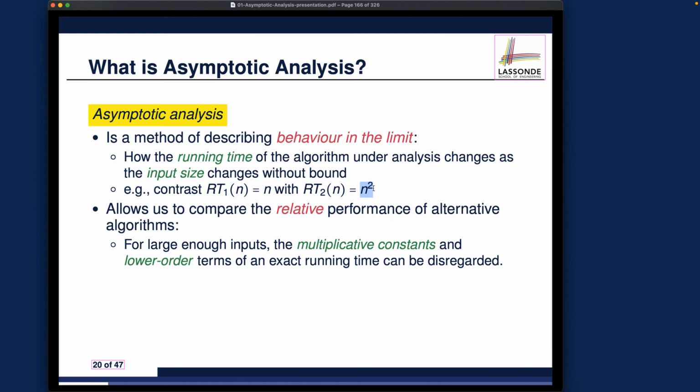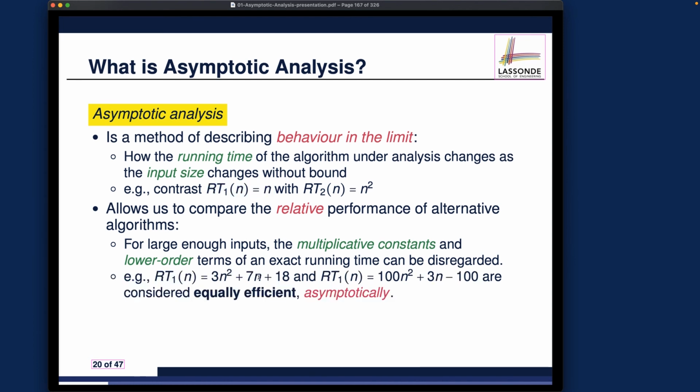And similarly, here the highest power is 2. So if you compare this one and this one, because 2 is strictly larger than the power 1, we would say this is the more efficient algorithm in terms of time.